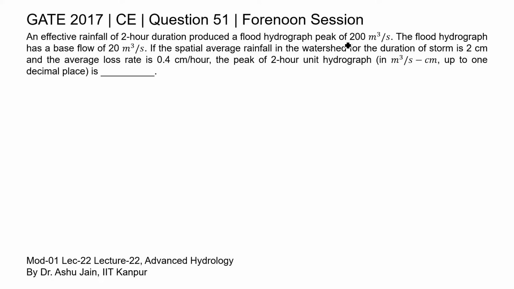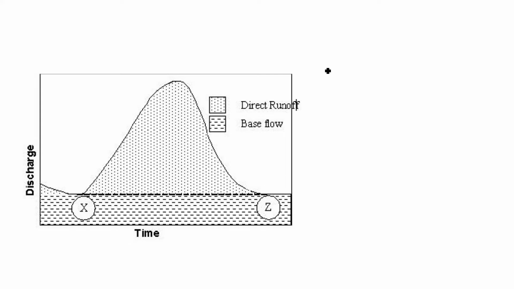So here in this question, the peak of flood hydrograph is given and base flow is also given. The peak of flood hydrograph is given as 200 meter cube per second and base flow for this flood hydrograph is given as 20 meter cube per second.